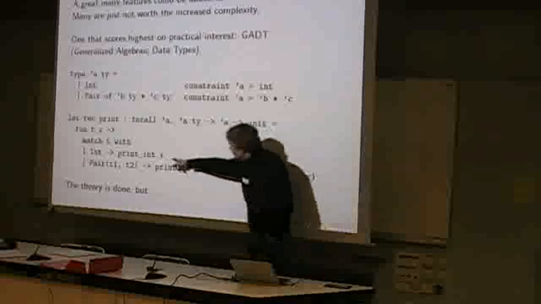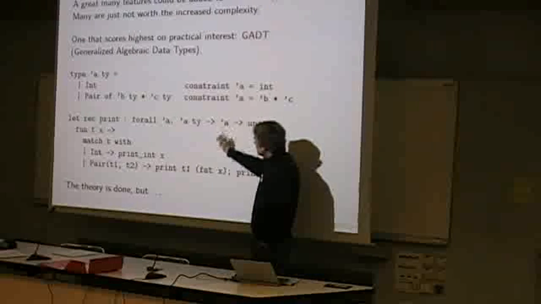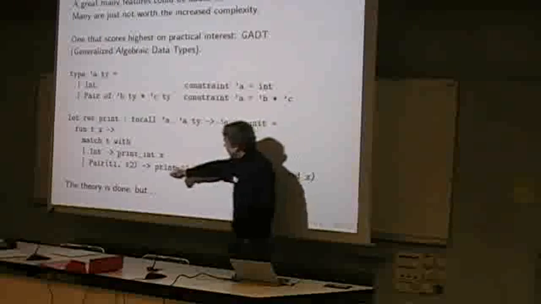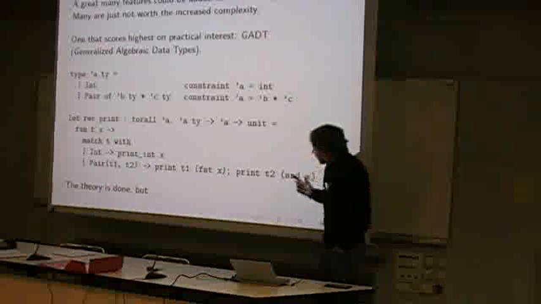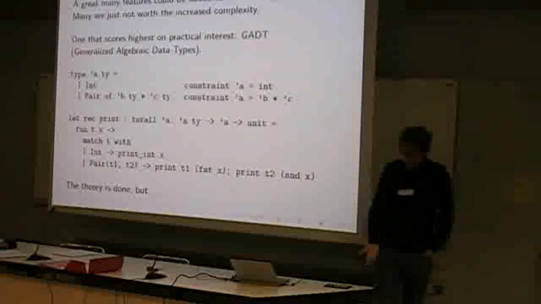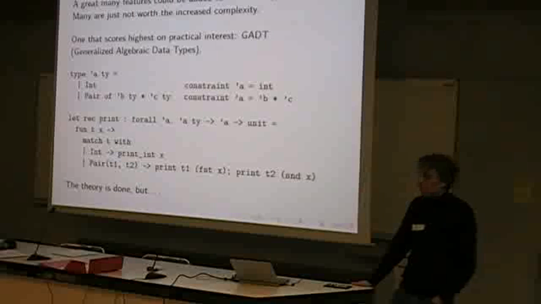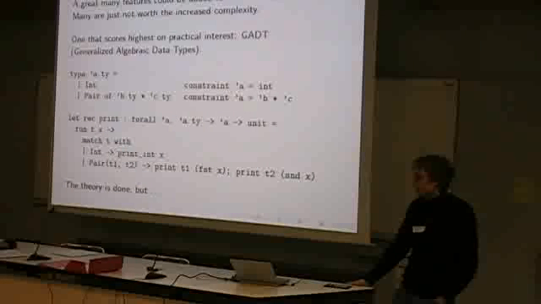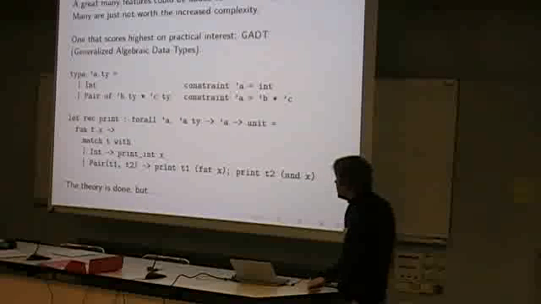For instance, here you know that x of type alpha is actually int, because this must be int, because this is int. I'm not sure I'm very clear here. But anyway, the big picture is that this lets you encode a lot more invariants about your data structures in the type system and have them automatically checked by the type system.